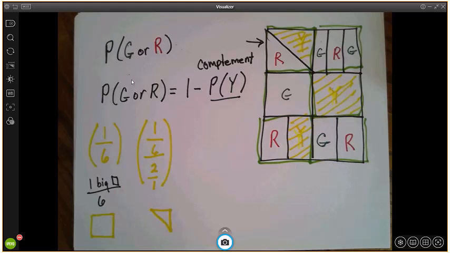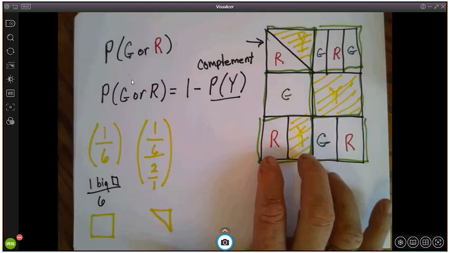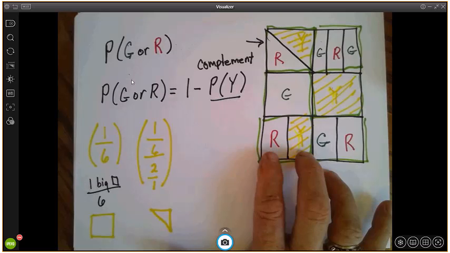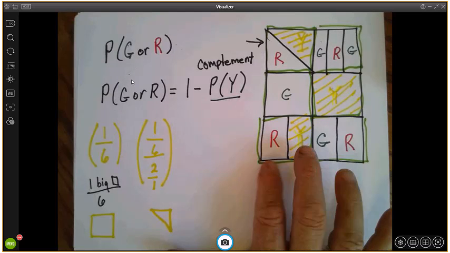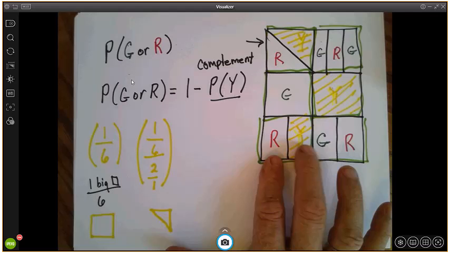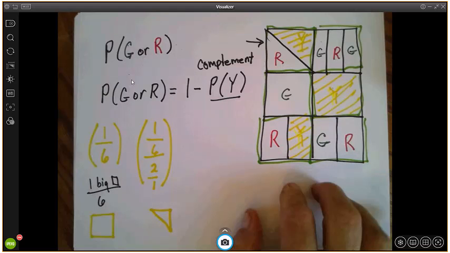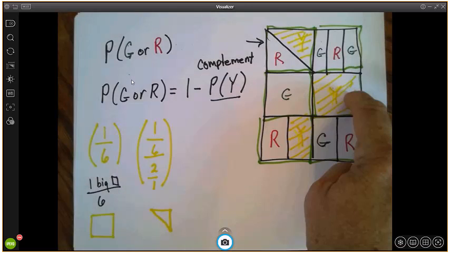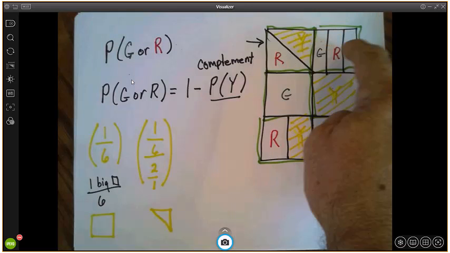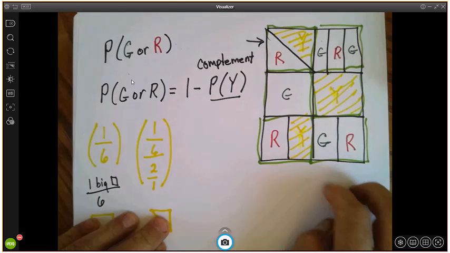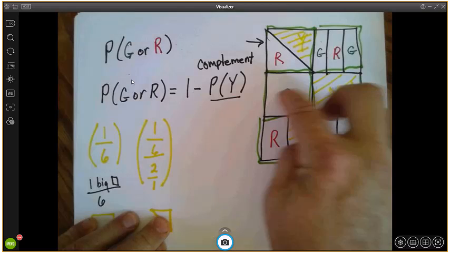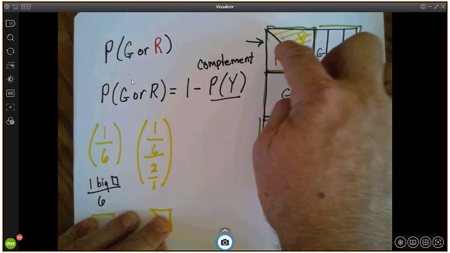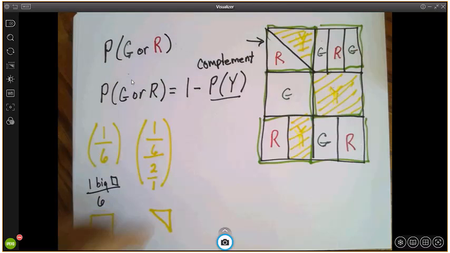And then this one, what about that one? Well, how many fourths would these be? 1, 2, 3, 4, 5, 6, 7, 8, 9, 10, 11, 12. That's 1/12.